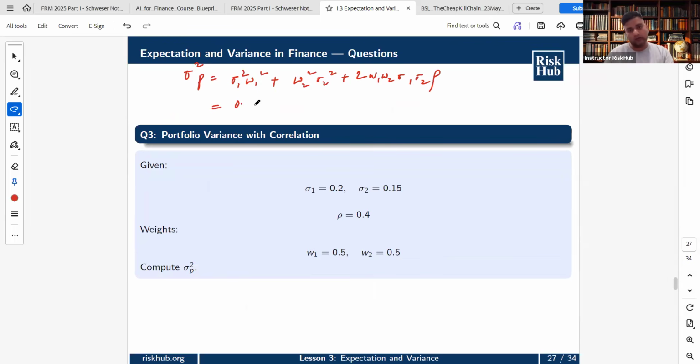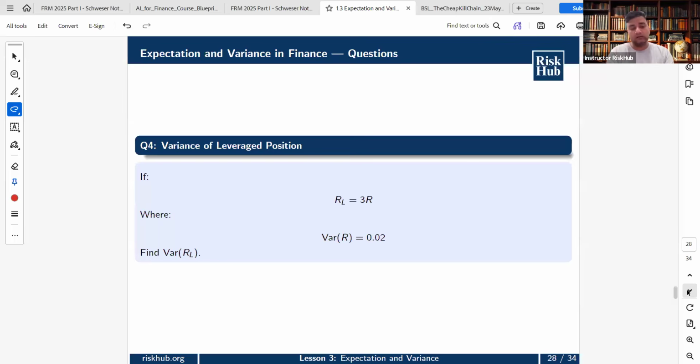You put the values: 0.25 into 0.04, 0.25 into 0.0225, 2 into 0.25, 0.4, 0.2, 0.15. You solve it, you get 0.021625, right? Correlation determines your diversification benefit, okay?